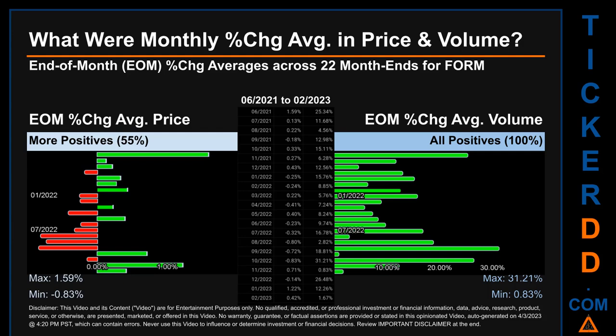That is 100% of month ends saw a positive percentage change in average volume. Price saw an end-of-month max of 1.59% in average percentage change along with a minimum of -0.83%. For volume, the maximum and the minimum monthly percentage change were respectively 31.21% and 0.83%.